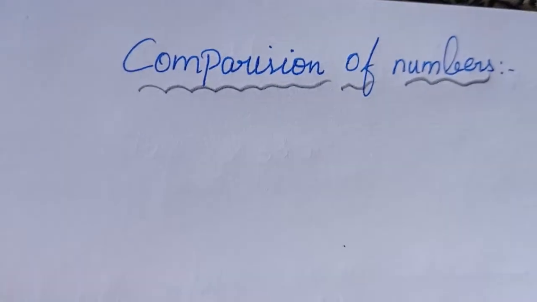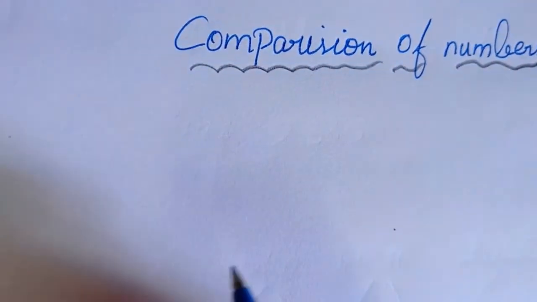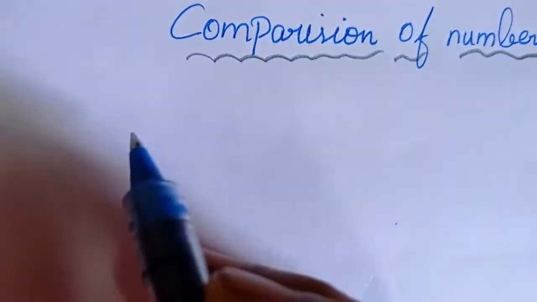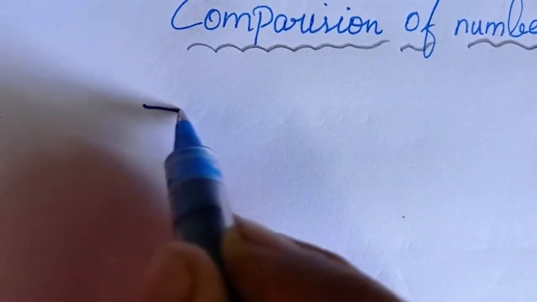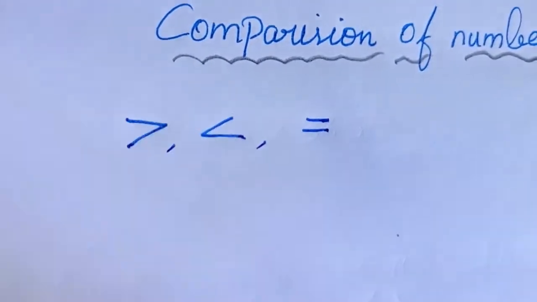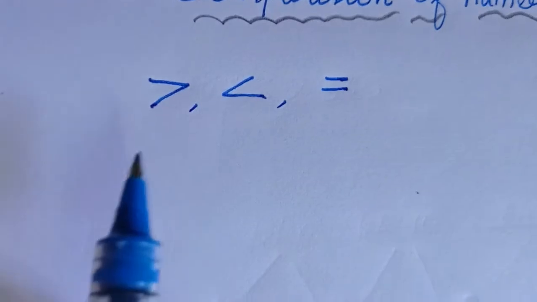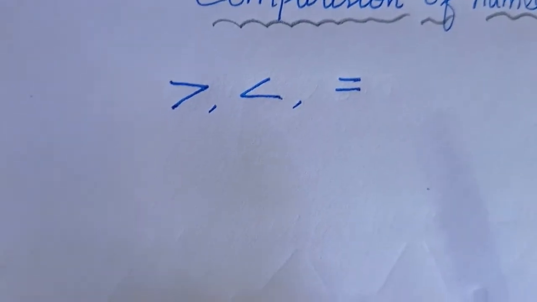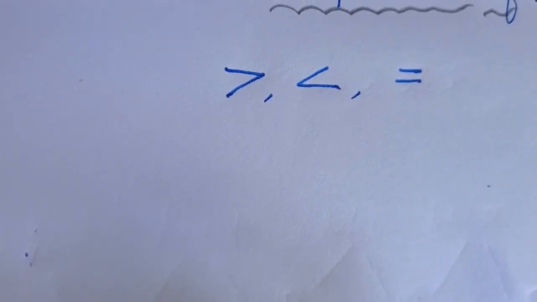We use three signs to compare 4-digit numbers, that is greater than, less than, or equal to. Now children, let's compare 4-digit numbers.